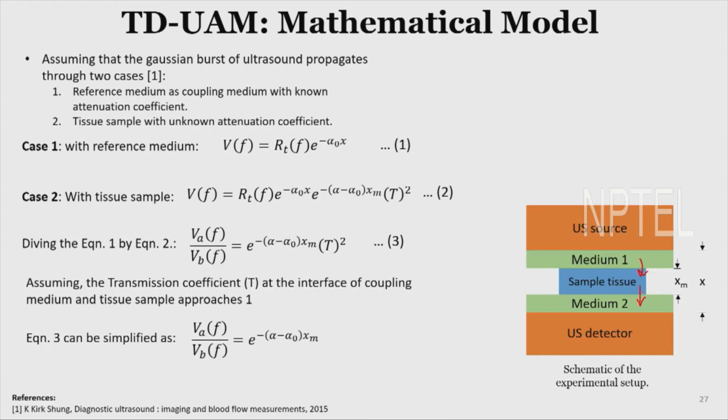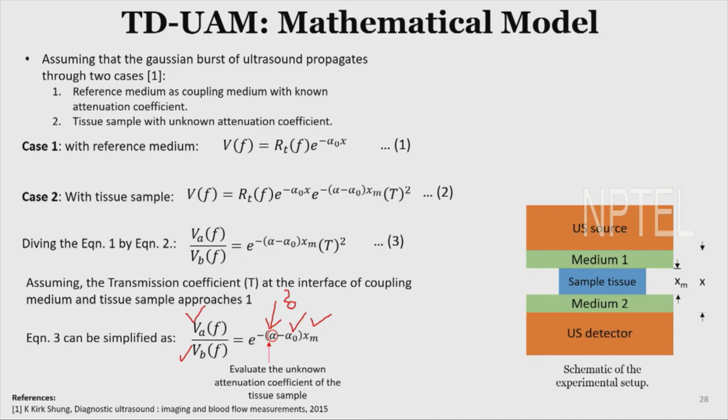If we assume that the transmission approaches 1, the equation can be simplified to this equation over here, and all of the components are known. For example, Va is known, Vb is known, alpha naught is known, xm is known. The only unknown is alpha, the attenuation coefficient of the sample tissue.